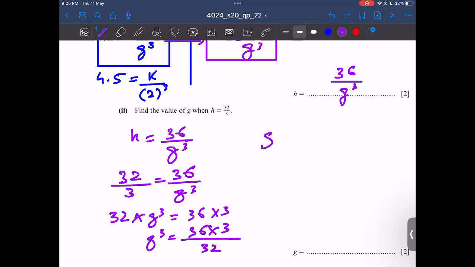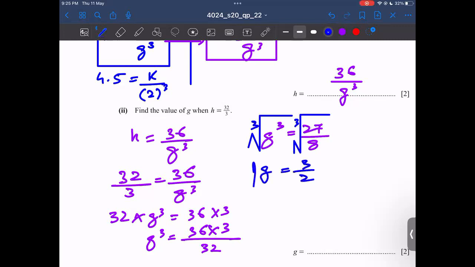The value of g cube is 27 upon 8. Now I'm taking the cube root here. The cube root gives the g value as 3 by 2. So I got the value of g, that is 3 by 2.